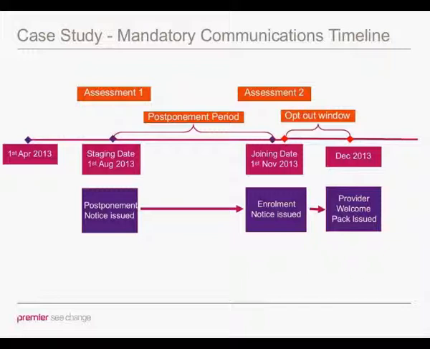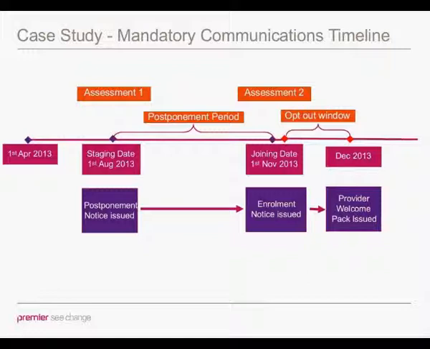So what you have to do, well, in this scenario, because they're using postponement, you're going to need to issue a communication to eligible job holders telling them they're going to be postponed. You also need to issue notices to your non-eligible job holders and your entitled workers, and also members of current pension schemes, telling them that they're effectively in a qualifying pension scheme and therefore they won't be auto-enrolled.